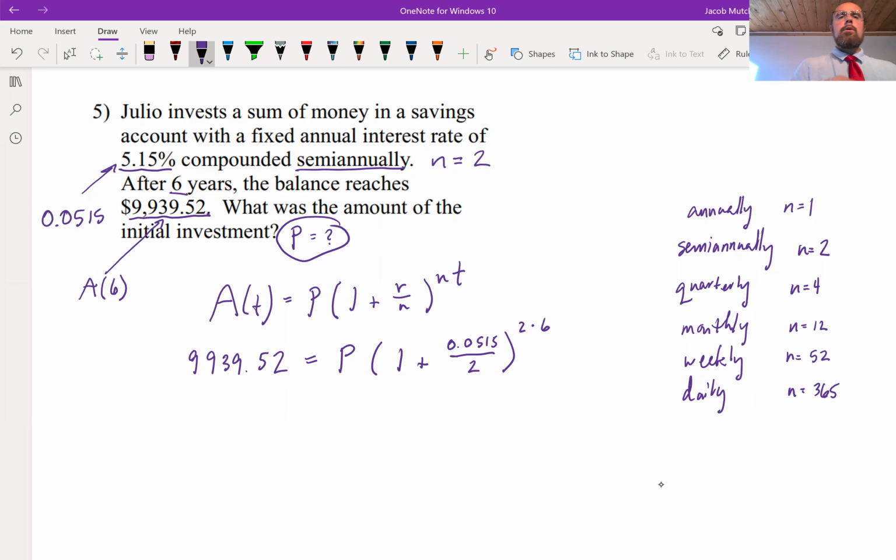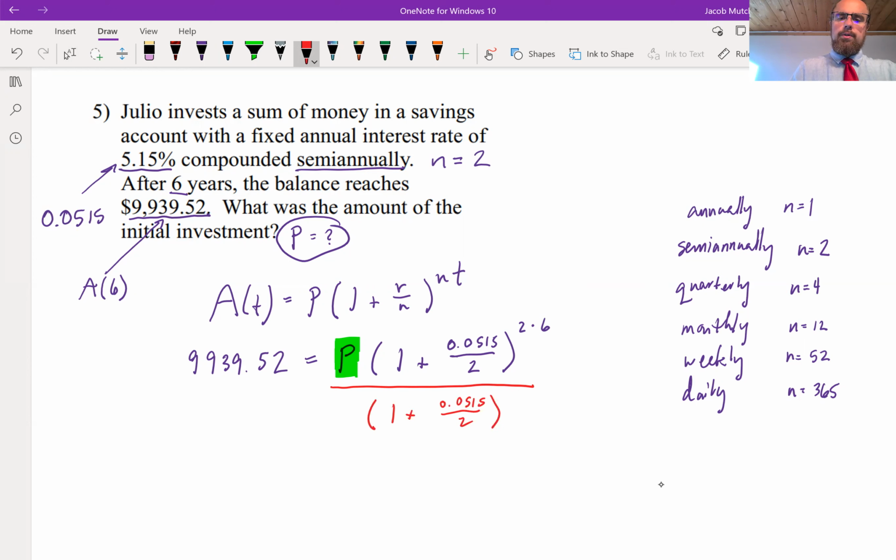And so the thing that we're trying to solve for once we got this set up is the principal. Now we'll input this in the calculator, but I want to get it to a place where I can input it all at once. So to solve for P in this equation, I'm going to divide by this whole base to the power of 2 times 6. And here on the right-hand side, that's going to cancel the expression.